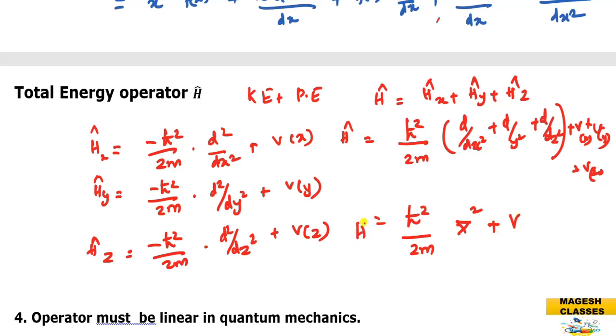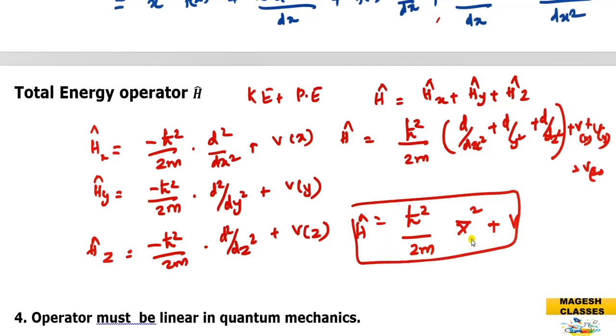So this is said to be the Hamiltonian operator, the total energy operator, and this is the Laplacian operator. Okay, so it is about the total energy operator.